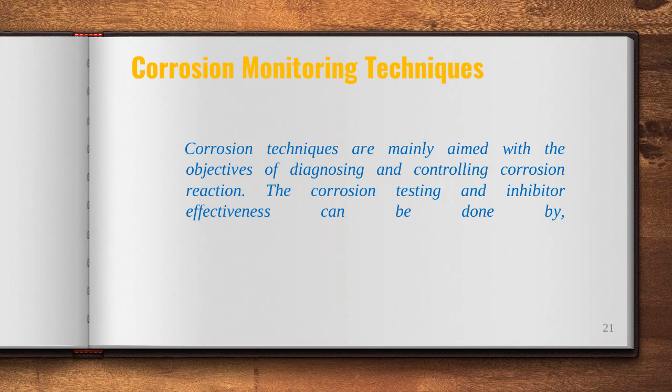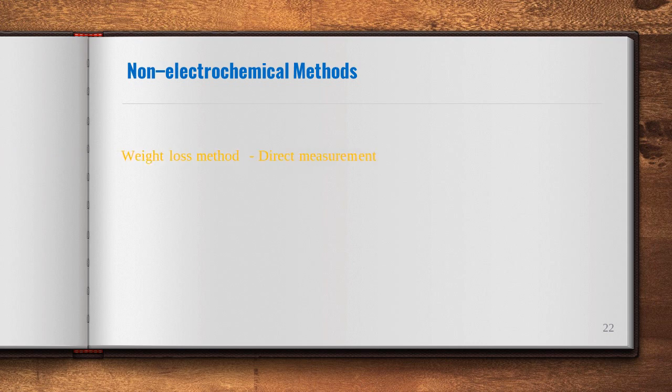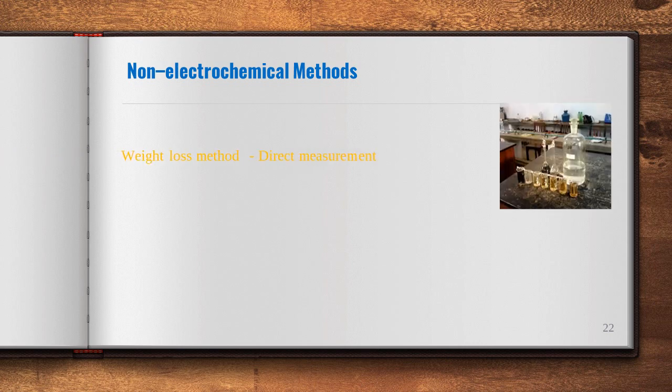Corrosion monitoring techniques are mainly aimed with the objective of diagnosing and controlling corrosion reaction. The corrosion testing and inhibitor effectiveness can be done by non-electrochemical methods like weight loss method and gasometric method.